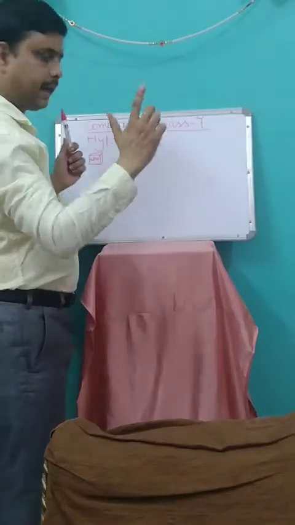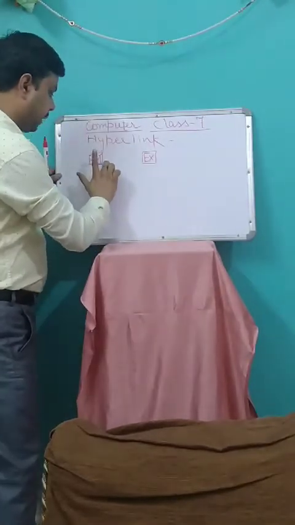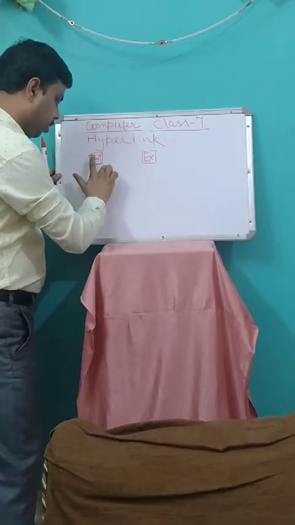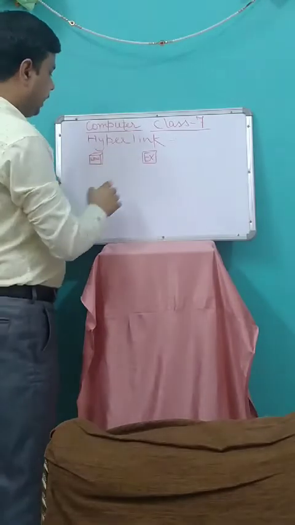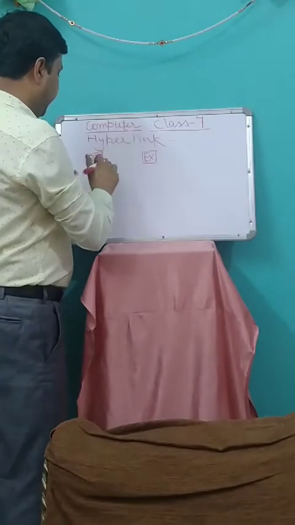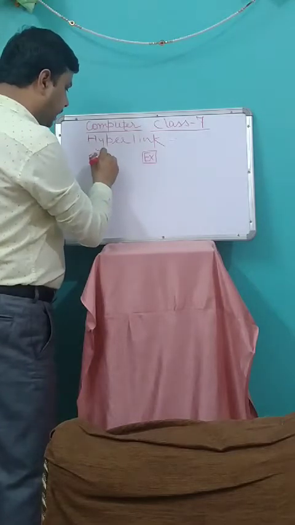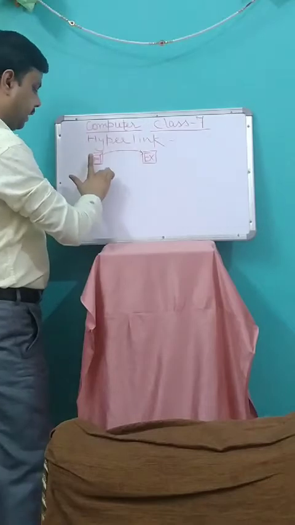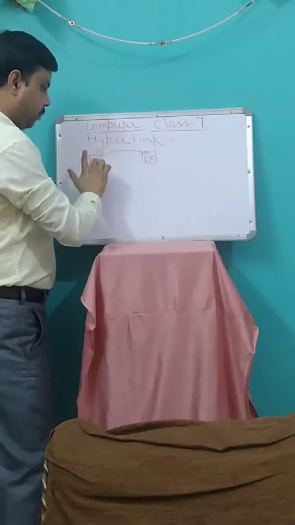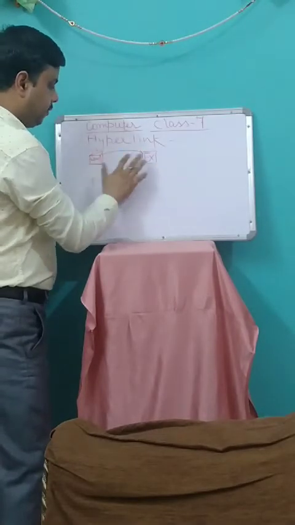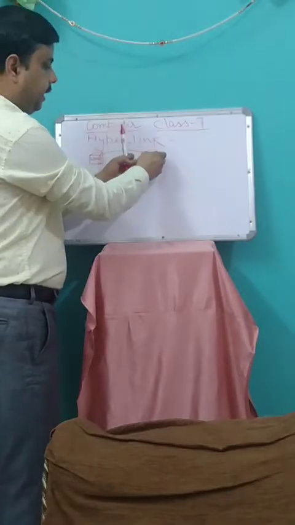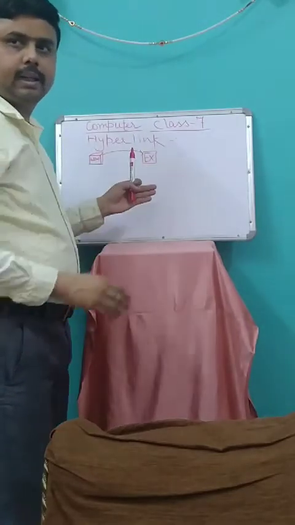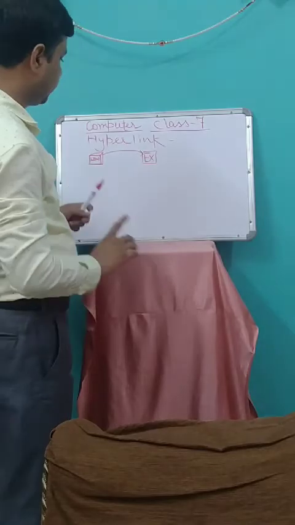Then we can click on the object, and we can link the MS Word file with Excel file. So when we press on the object, your file will move directly to Excel file. Is it clear? Any problem?